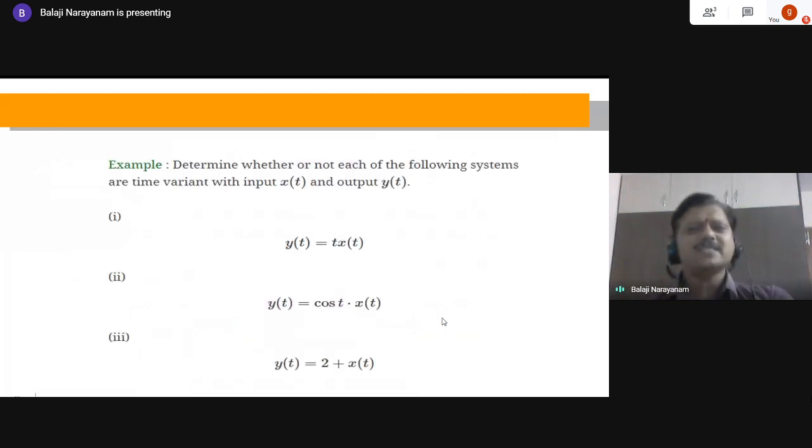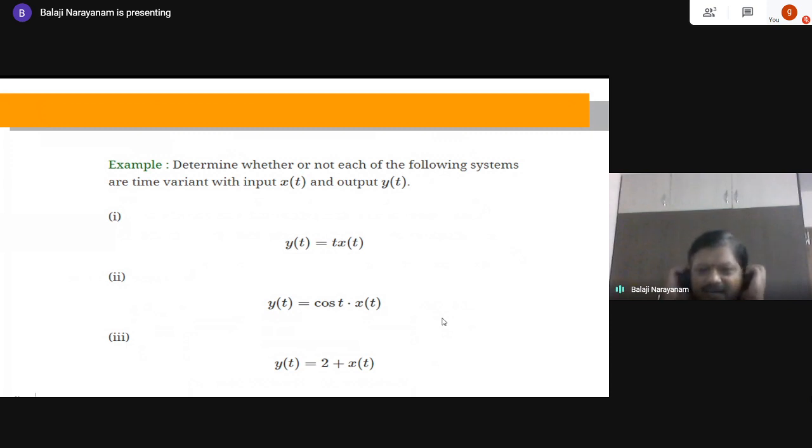Now, let us try to understand by different examples. You are given a problem. Determine whether or not each of the following systems is time variant, with input x of t and output y of t. Observe the first system: y of t is equal to t into x of t.